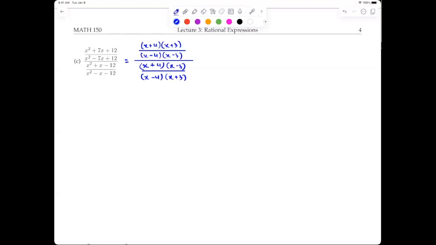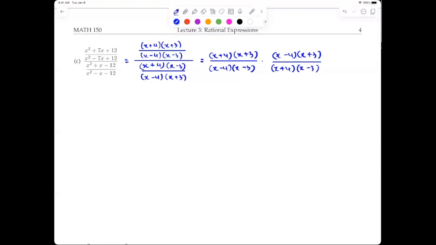So far, so good? So this is what everyone got. So you divide a fraction, that means you can multiply by the reciprocal. So (x plus 4)(x plus 3) over (x minus 4)(x minus 3), times (x minus 4)(x plus 3) over (x plus 4)(x minus 3). Okay.